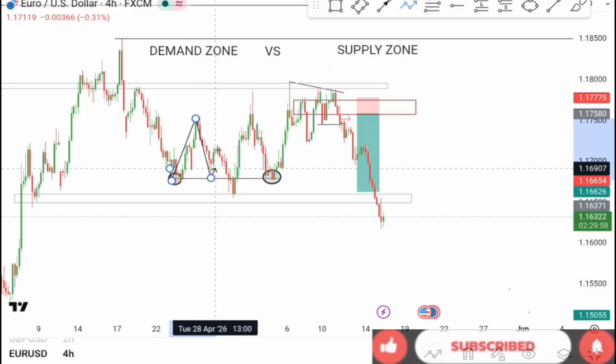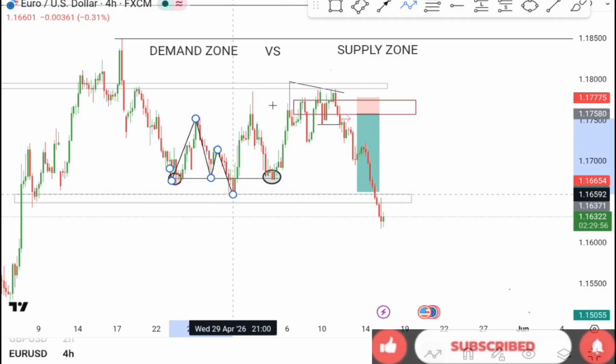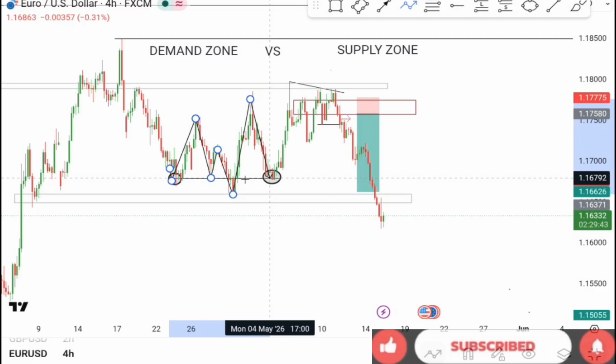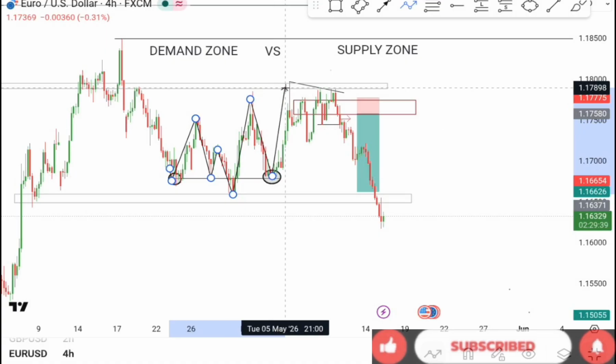That tight consolidation area before the explosive upward move is your demand zone. Think of it as the area where institutions finish buying. When price returns to these areas, those buyers are still there waiting, and price will automatically bounce up again from these areas.